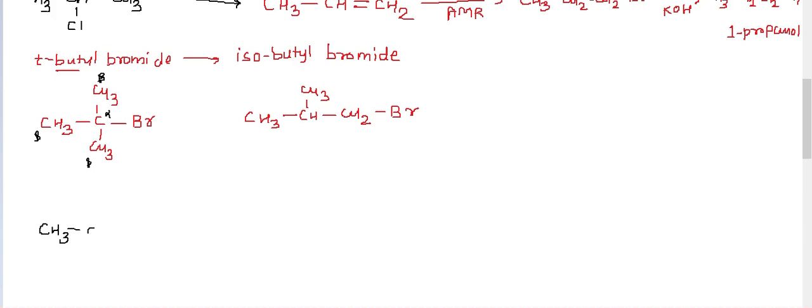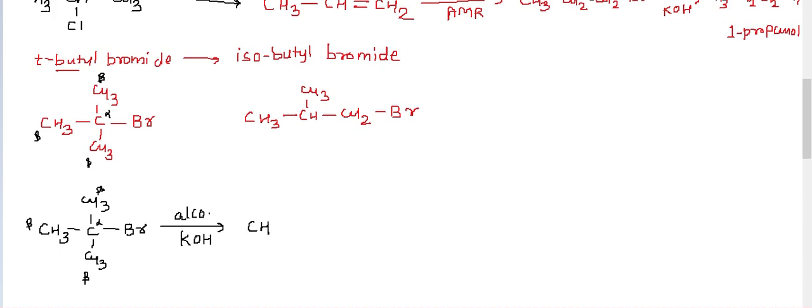So let's write it down again. CH3, CH3, then again CH3 and then Br. Now add alcoholic KOH. Alcoholic KOH is always used to do dehydrohalogenation. So we are going to remove halogen from alpha carbon and hydrogen from any beta carbon.